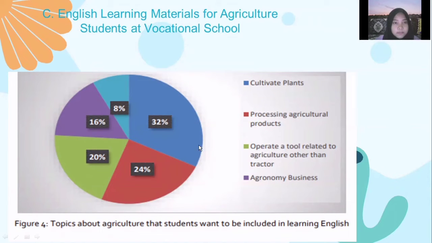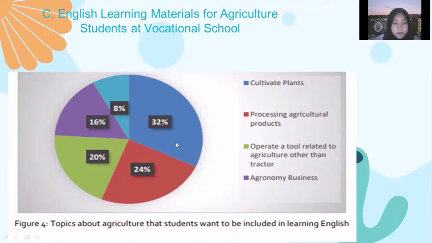The next is the result of the fourth question about the agricultural topic that students want to be included in learning English. It showed that about [unclear]% of students chose cultivate land. Then about 24% of students chose purchasing agricultural product.